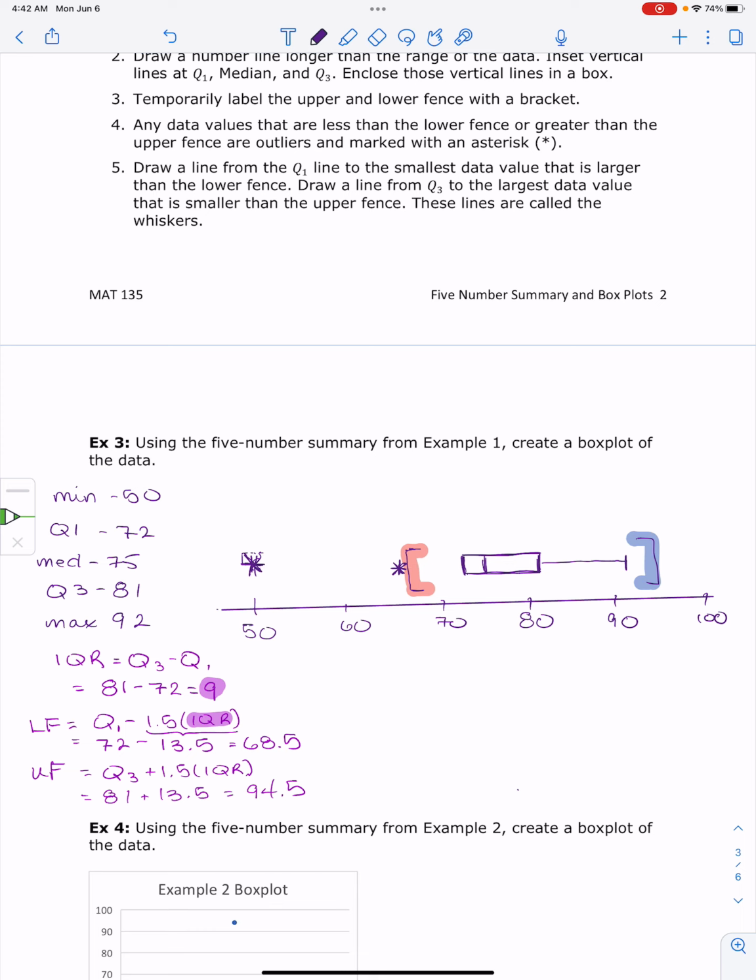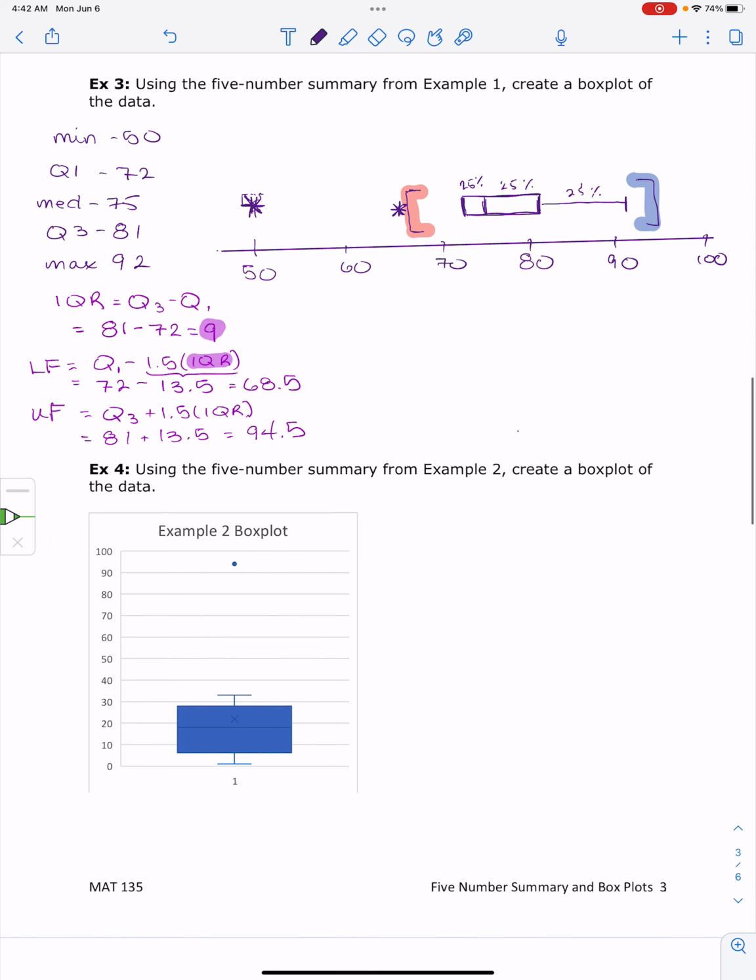Okay. Keep in mind, each chunk here contains 25% of my data. So I can see that between Q1 and that median, that data is really close together, more spread out as it goes above. Let's take a look at example 4.